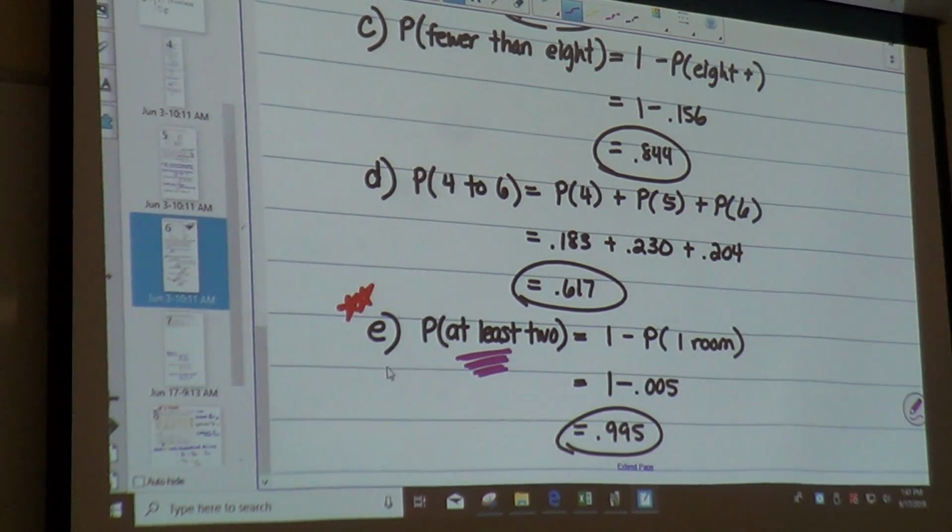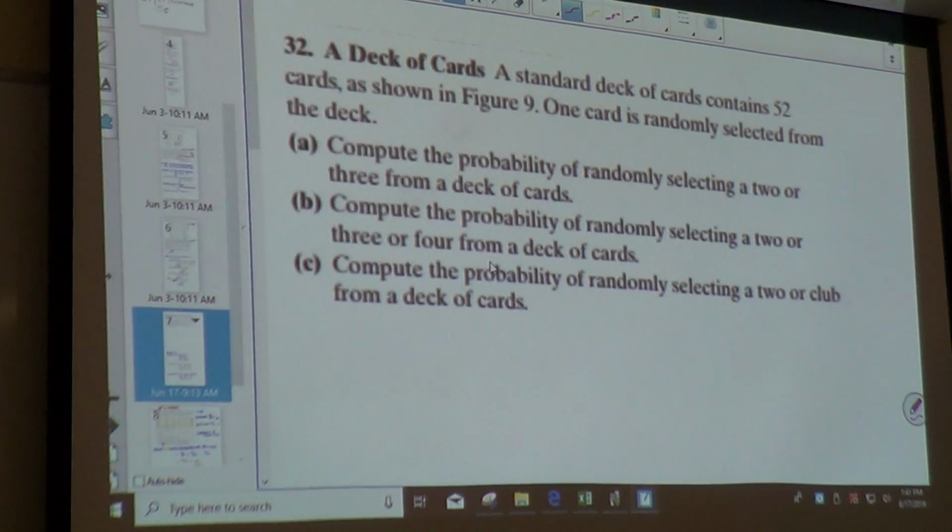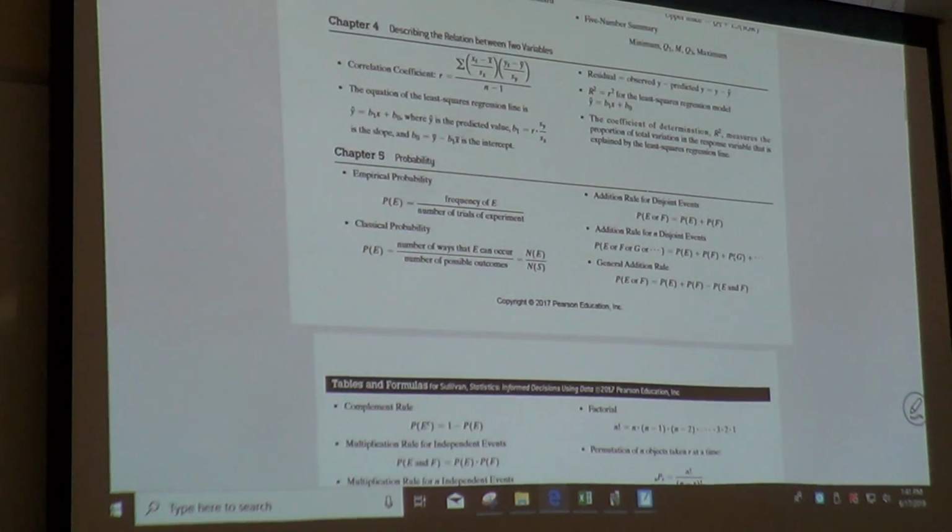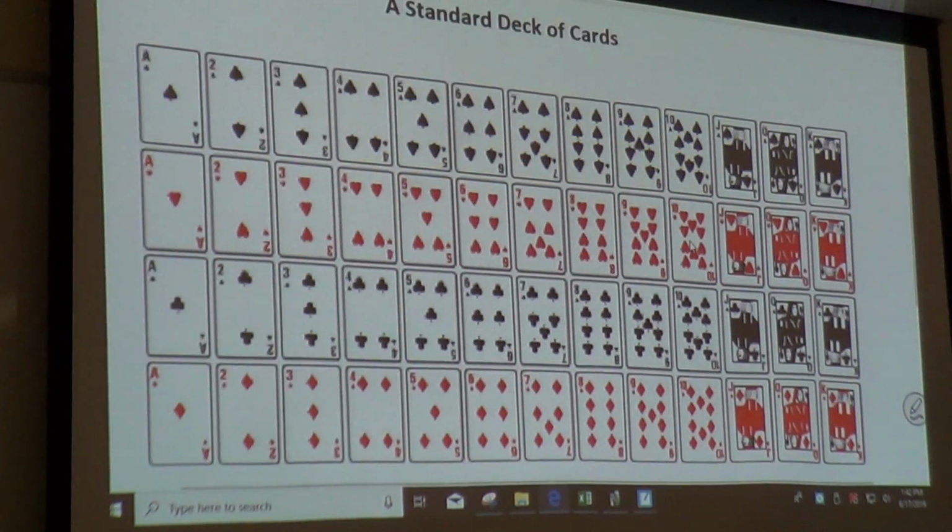Let's look at, we should be getting into a deck of cards. How many of us, raise your hand if you're familiar with a deck of cards. Okay. Some of us are not familiar with a deck of cards, so I want to talk about a deck of cards for a minute. I have a deck of cards pulled up. It's not a very pretty deck of cards, but a deck of cards is 52 cards, okay? 52 cards.